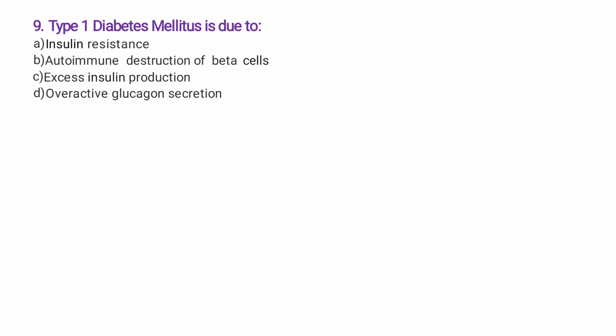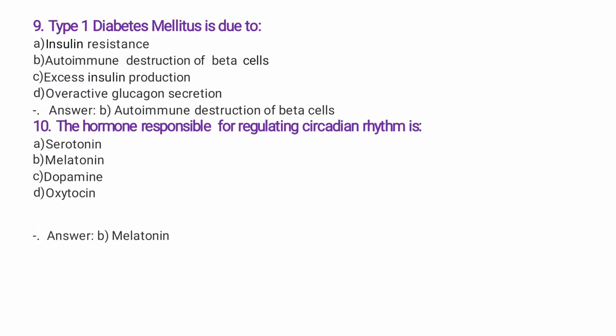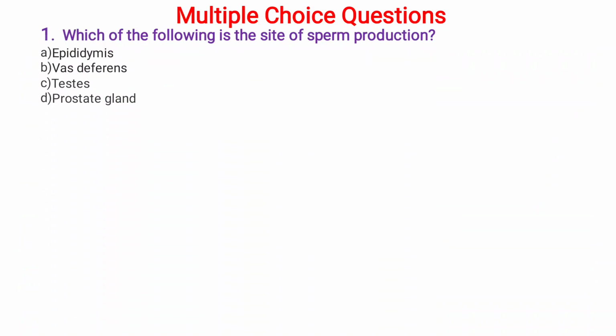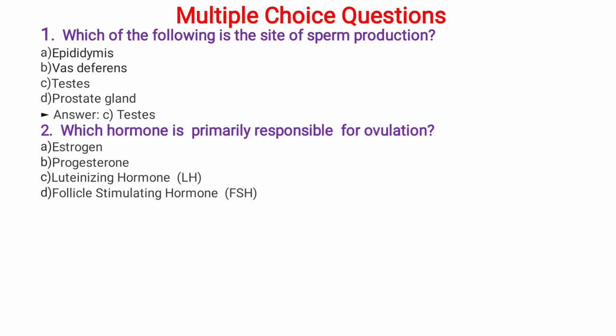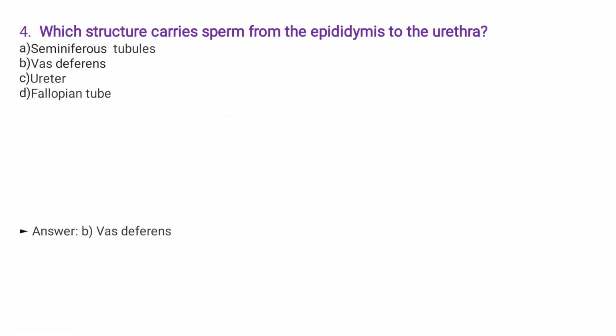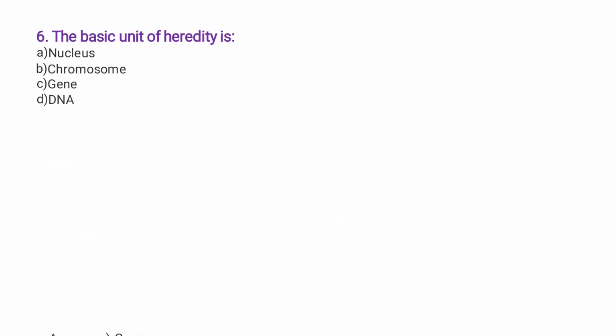Diabetes mellitus is a chronic disorder characterized by high sugar level. The basic unit of heredity is the gene.